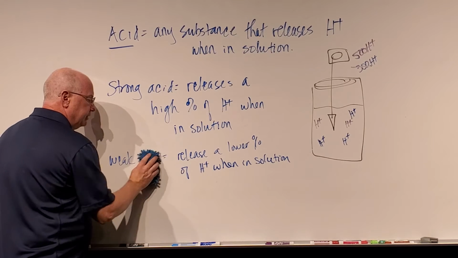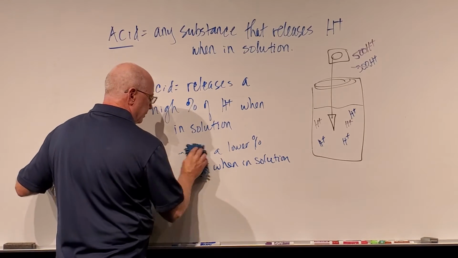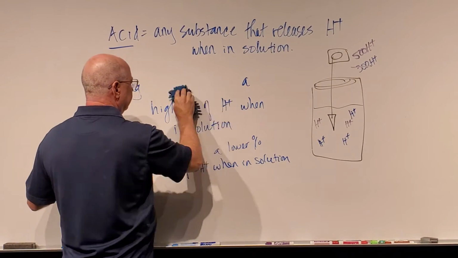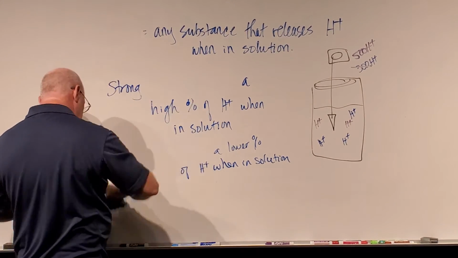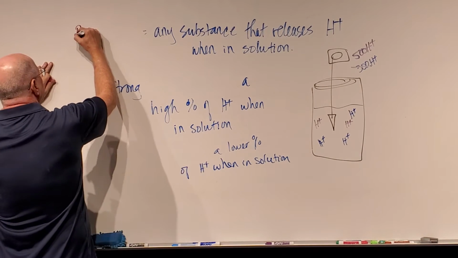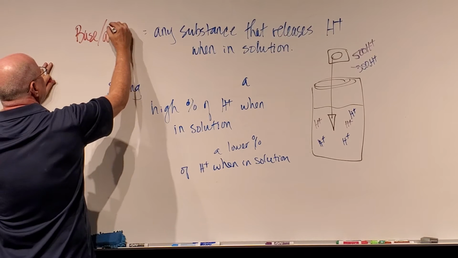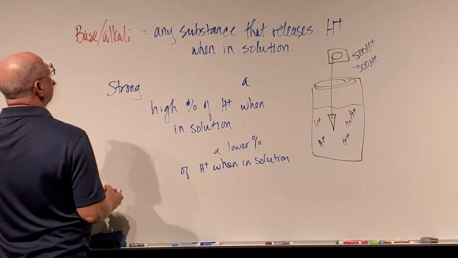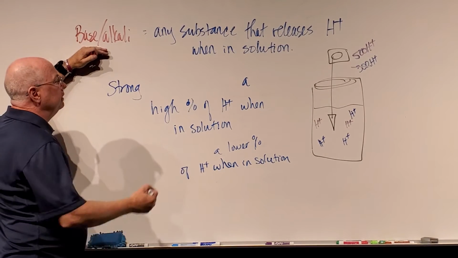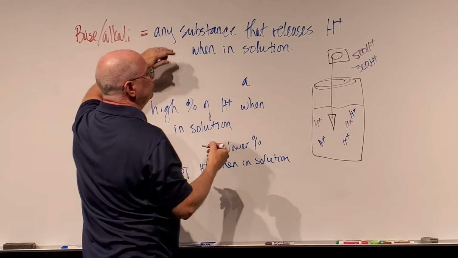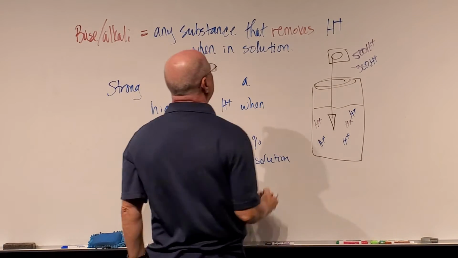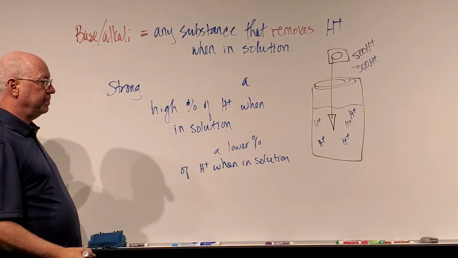Now, if I look at this exact same concept, I'm going to talk about a base. And another way to say something that is a base is I can say an alkali. When I'm talking about things that are basic, or a base, or an alkali substance, what that means is it's any substance that removes hydrogen ions when in solution.